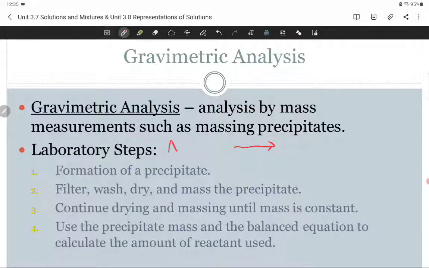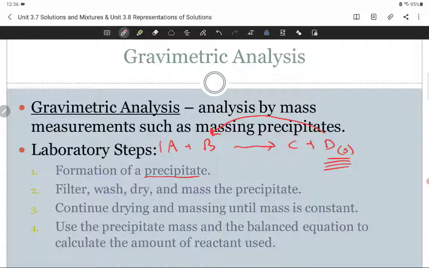We have, like, I don't know, A plus B making C plus D. These are just all generics. And maybe one of these chemicals is an S, a solid. It's a precipitate. So if we know how much of this we made, we can figure something out about one of the reactants.